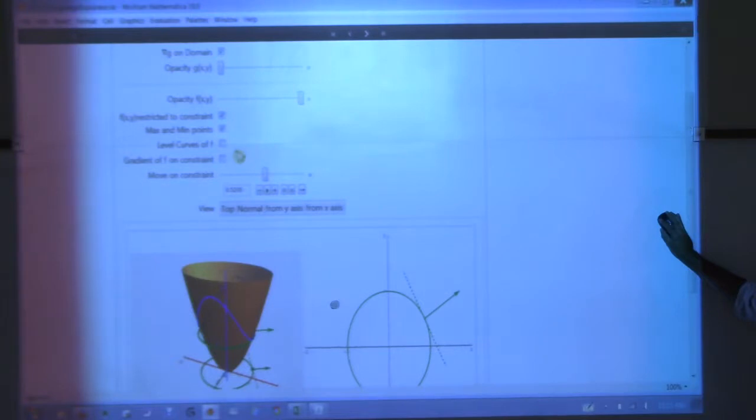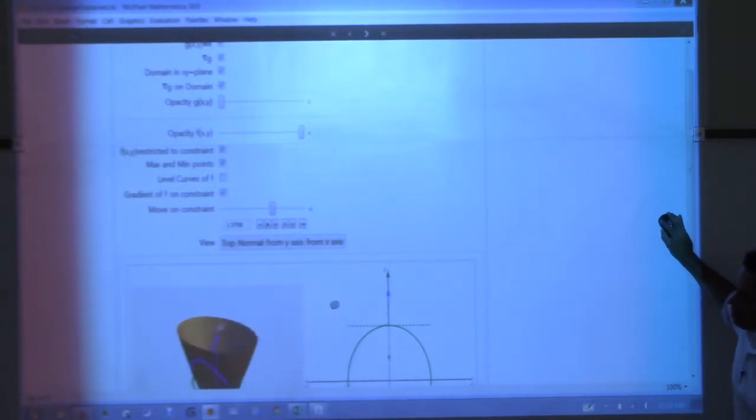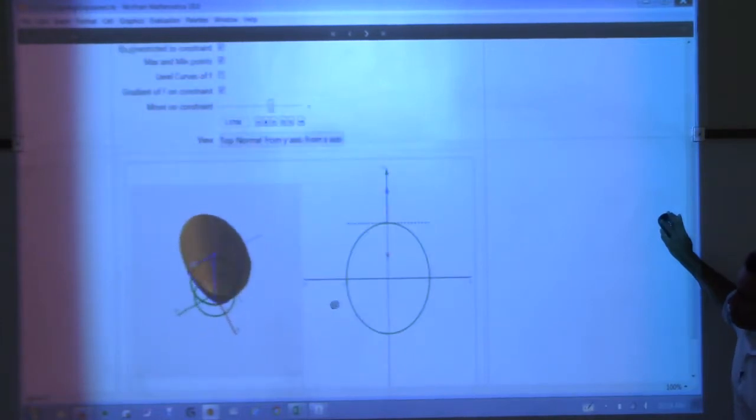What I'm going to do now is move around my constraint. Okay, I'm moving my constraint here, right? Moving around it, and I've also put on here the gradient of F. And it's hard to see.